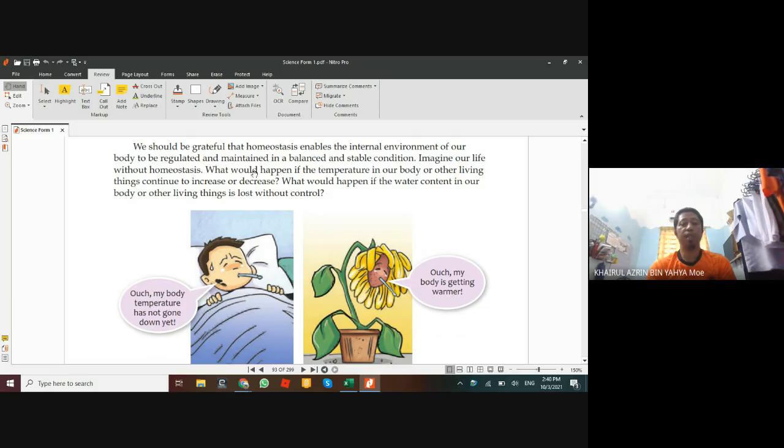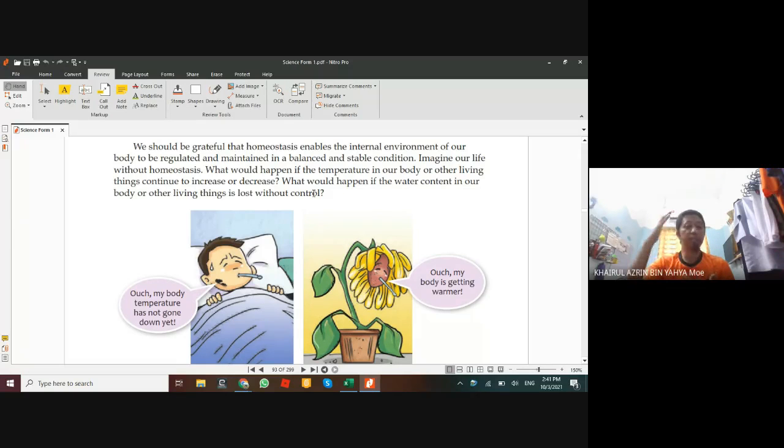Imagine our life without homeostasis. What would happen if the temperature in our body or other living things continued to increase or decrease? What will happen if the water content in our body or other living things is lost without control? So if the temperature of our body goes very high and the body cannot control it, we have a fever.